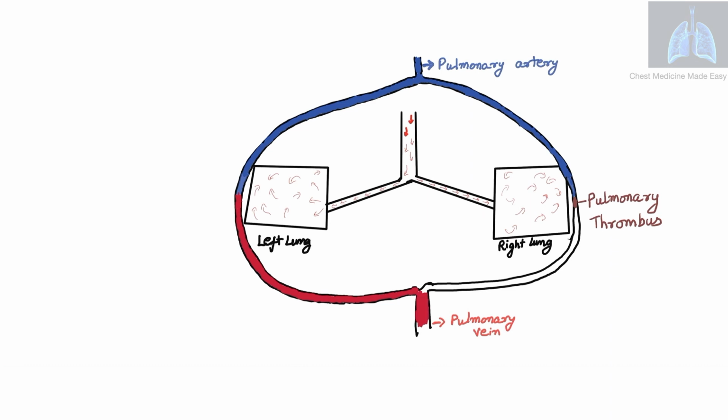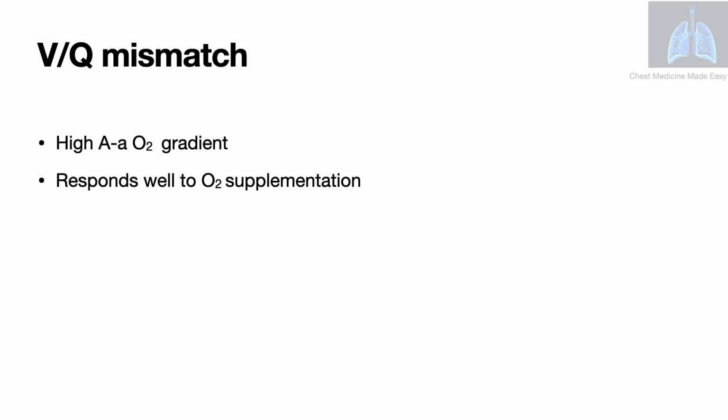In this situation, you can note that most of the blood is shifted away from the right lung into the left lung. So the blood remains well oxygenated. So in this setting of a VQ mismatch or a dead space effect, there is a high AaO2 gradient and it responds well to oxygen supplementation.